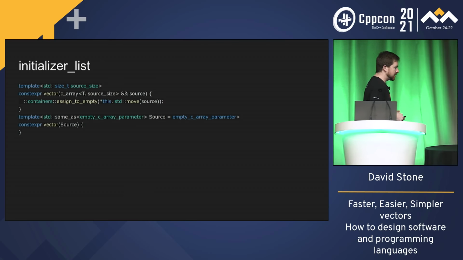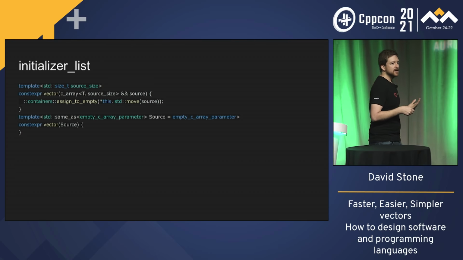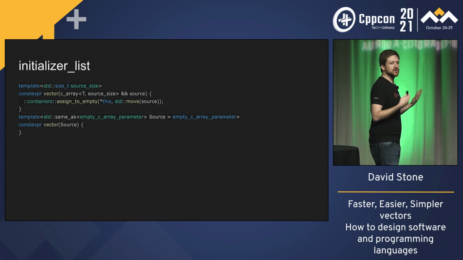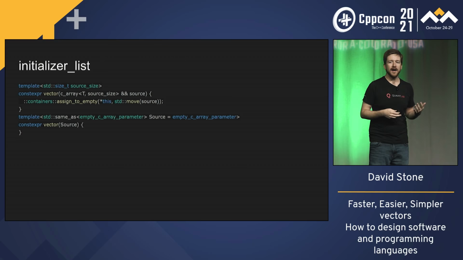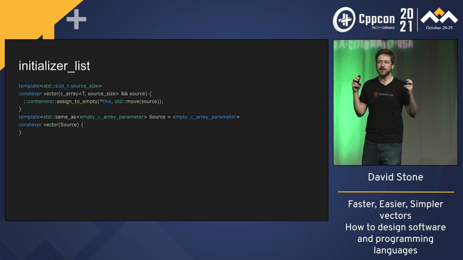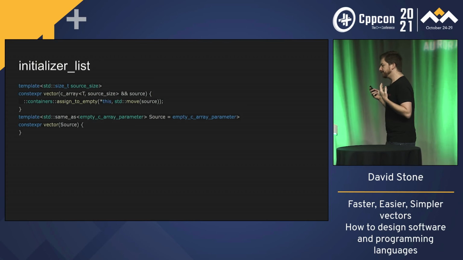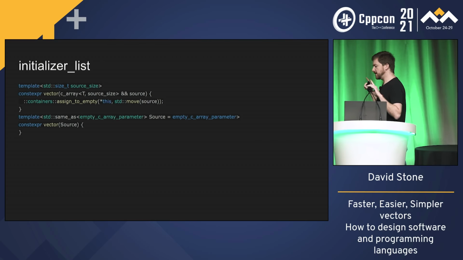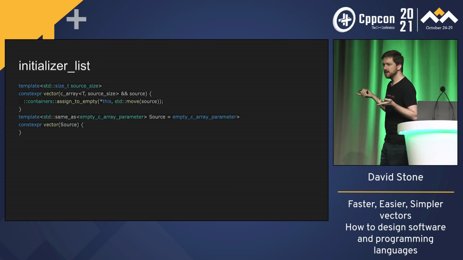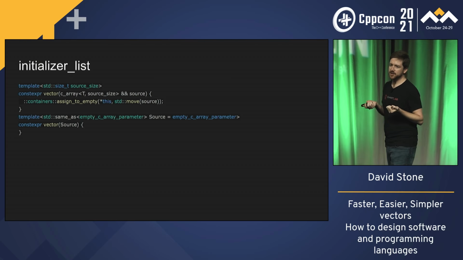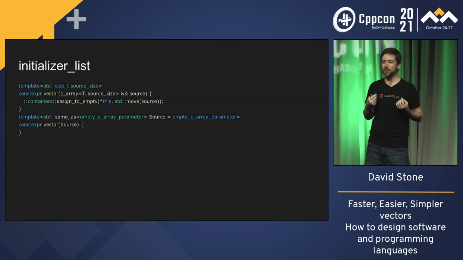That's sad. There's another issue with initializer list, which is sometimes called constructor hijacking, or the not so uniform initialization syntax. And that's that if you use the curly braces, and it could be interpreted as an initializer list constructor, it will be.